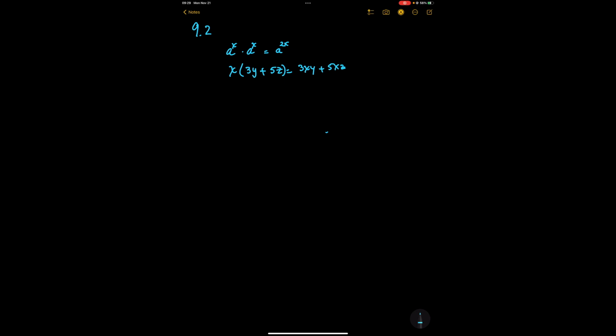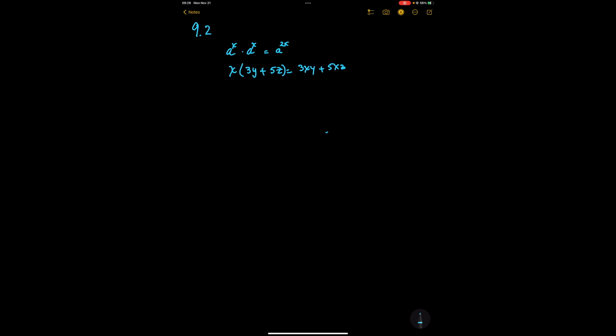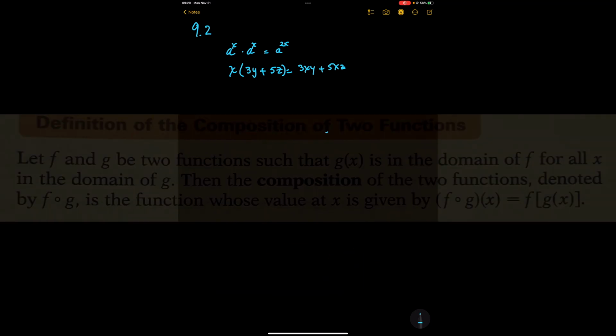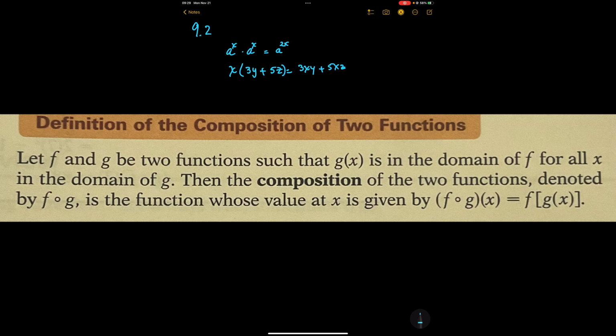Now, the next thing we want to talk about, I want you guys to pay attention because it is not the same thing. Now we're going to talk about the definition of the composition of two functions. And as you can see on the screen, it says, let f and g be two functions such that g of x is in the domain of f for all x in the domain of g.